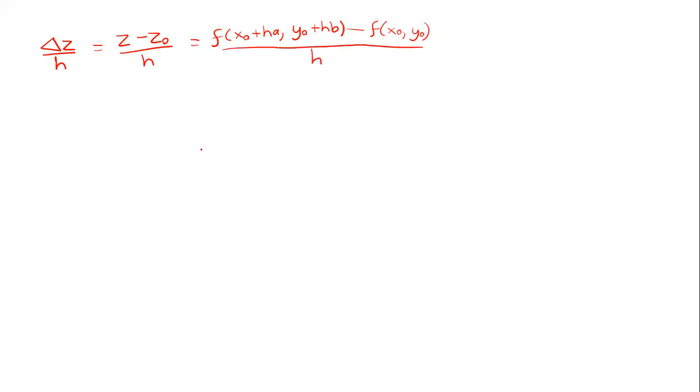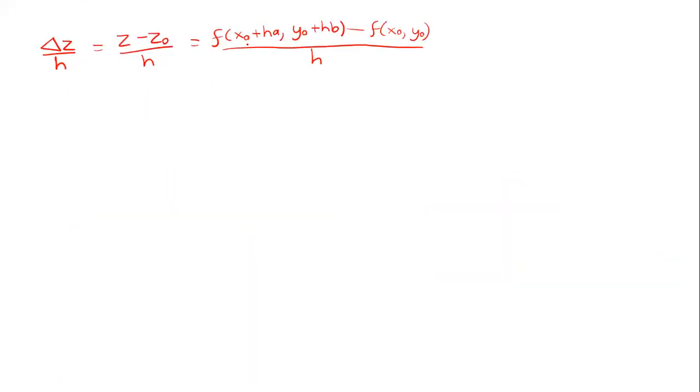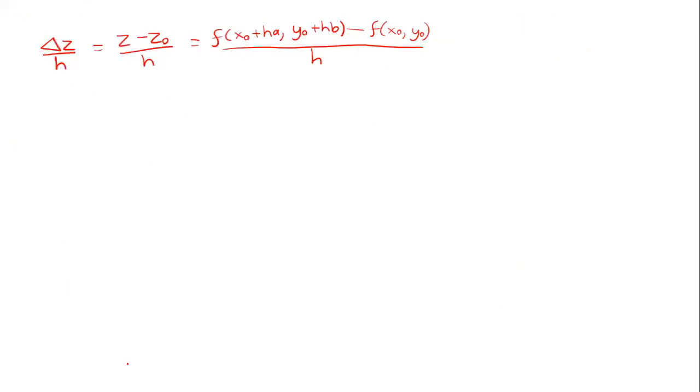And so a change in Z with a change in H would equal Z minus Z0 over H, which would be F of X0 plus HA and Y0 plus HB, minus F of X0, Y0, and then divide by H. So you can see that this is what we would get if we want to say, okay, I make a change in Z with a change in H. My original point is this X0, Y0, and then as I go from this point P prime to this point Q prime, I go HA units or HB units.